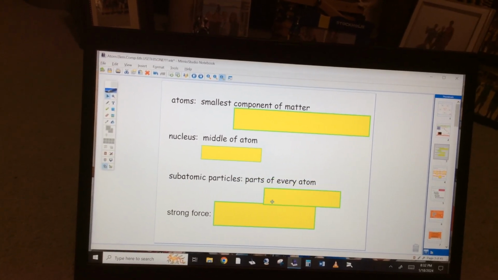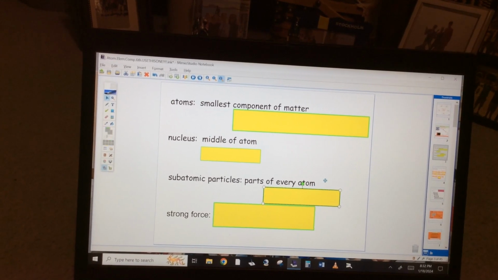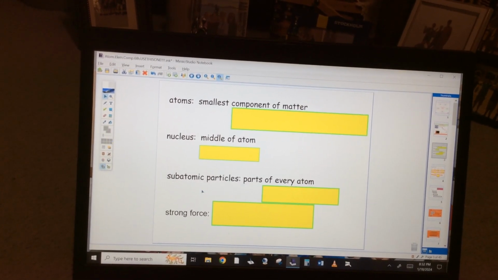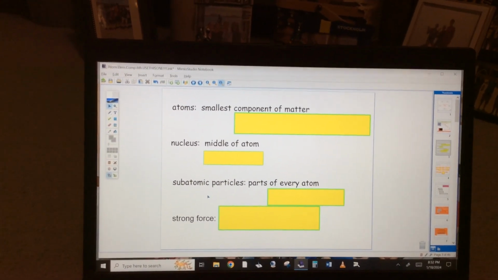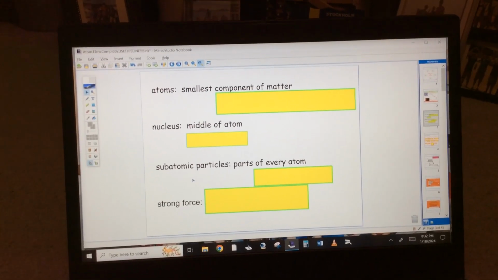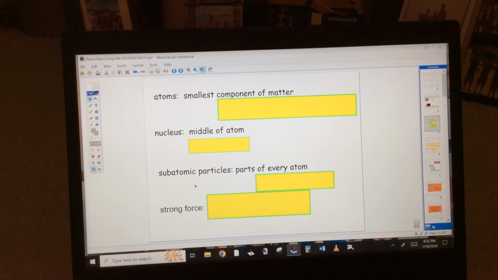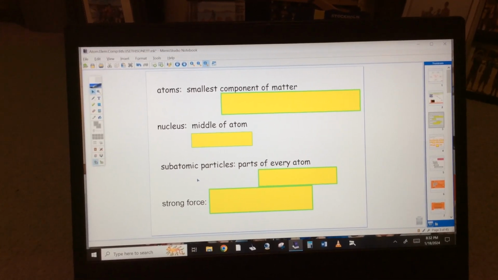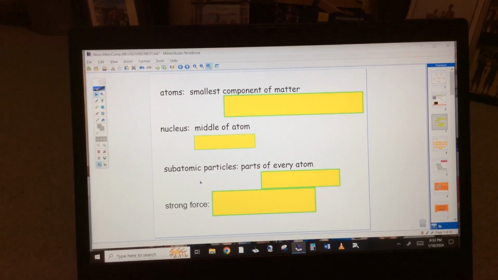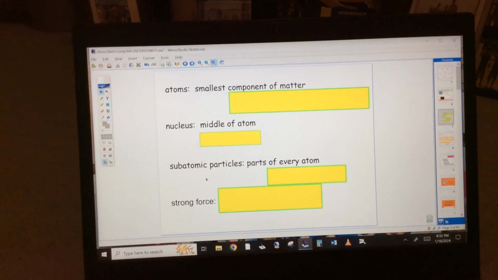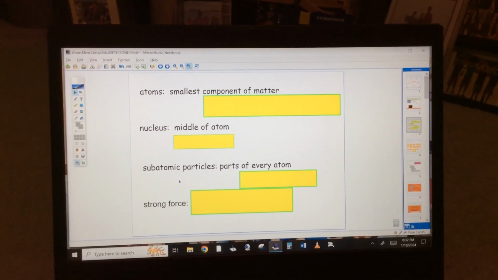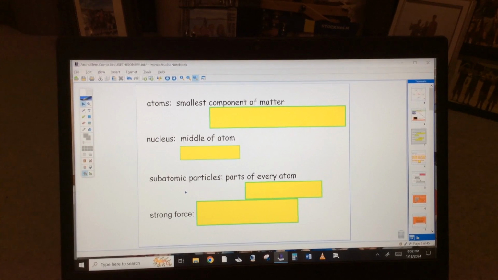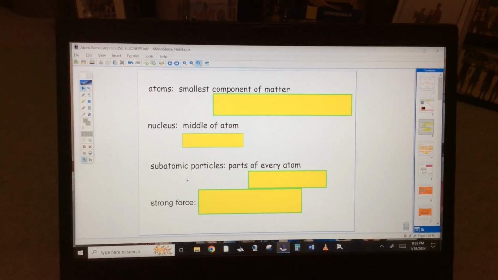These are just the parts of every atom, and there are 3 that you're going to learn about and study in 6th grade. When you get older, there are other parts. But to build this foundation for 6th grade, we need to know the subatomic particles, what they are, and their charge, their location, and their relative size. I'll get to that in just a bit.